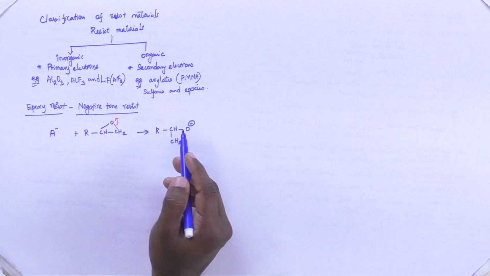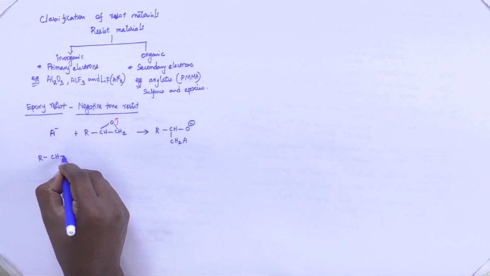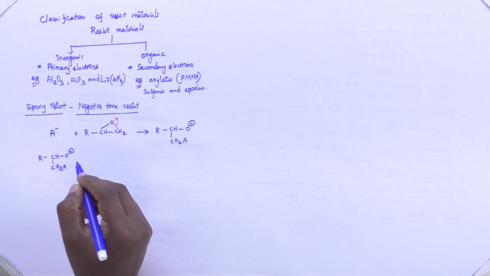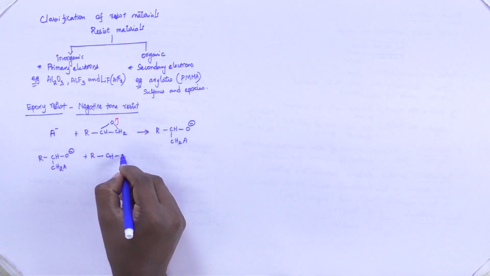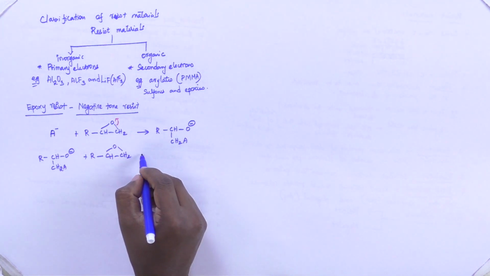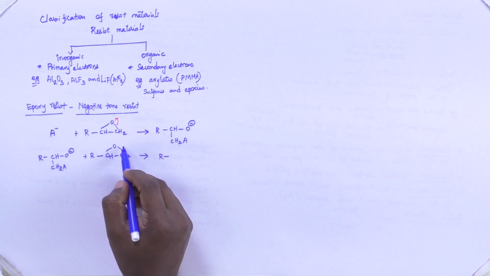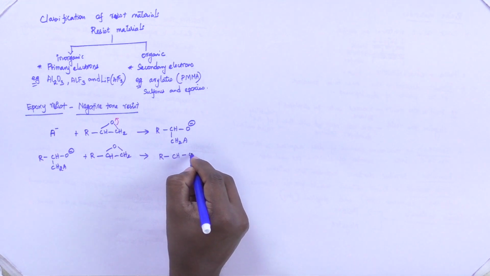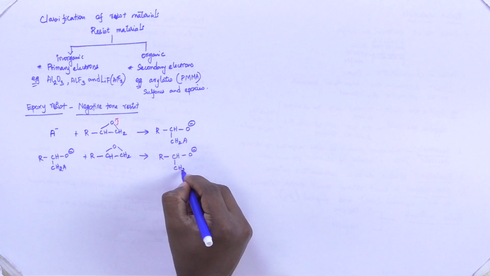Next, this formed intermediate will combine with the other epoxy compounds present. As a result, this will also open up this cyclic structure and it will make new bonds.